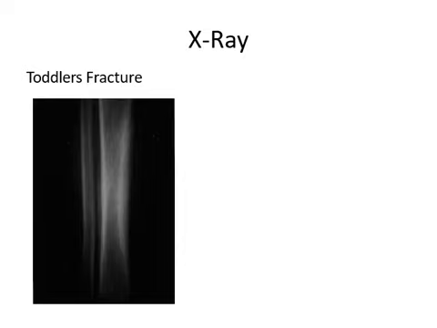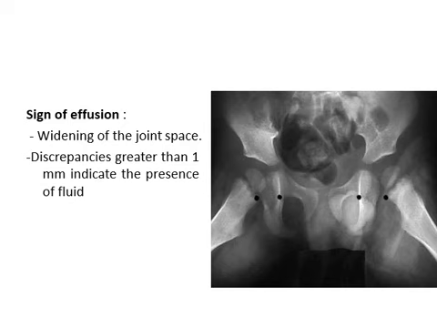Moving to the radiology, the X-ray is very important because there are a lot of injuries that can happen, even with a subtle mode of trauma, like a toddler's fracture or any stress fracture, so plain X-ray is important, and signs of effusion like in this plain X-ray. You can recognize on the left side how much the hip joint space is widened in comparison to the other side.